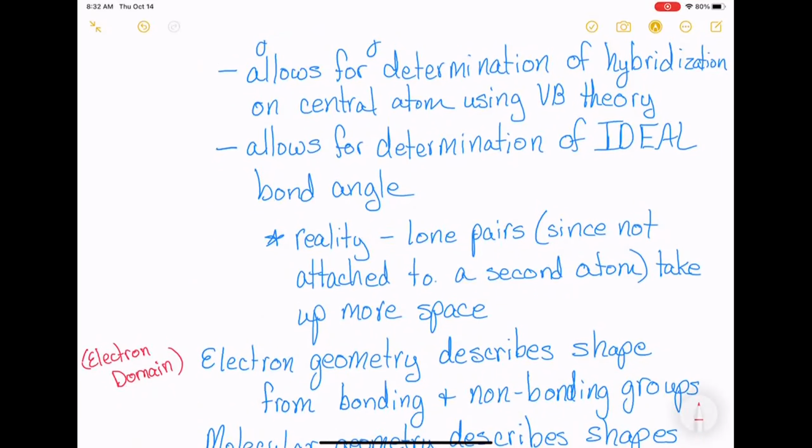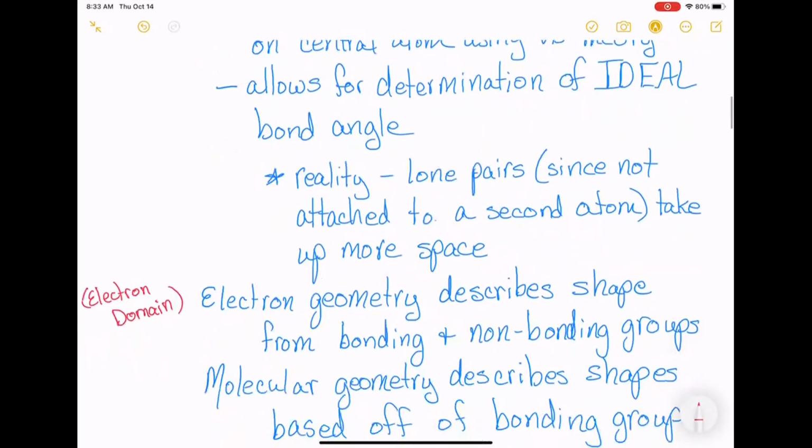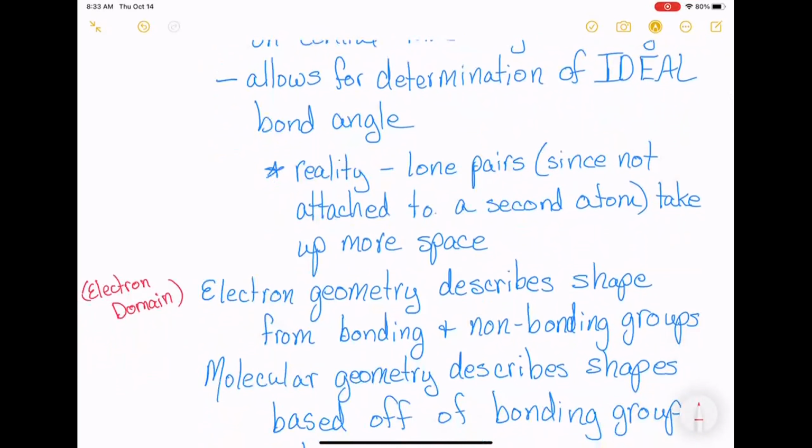Electron geometry, also known as the electron domain, describes the shape that includes both the bonding and the non-bonding groups, whereas the molecular geometry is going to be strictly described based on the bonding groups.